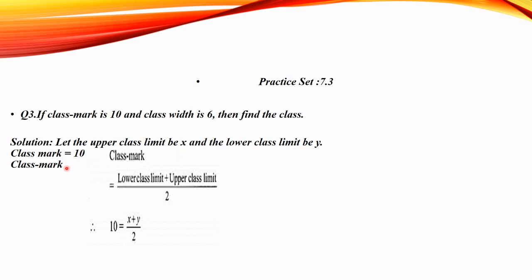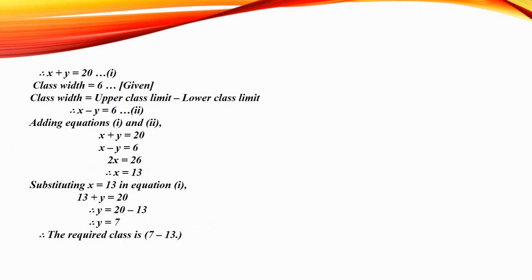The formula for class mark is (lower class limit plus upper class limit) upon 2. That is, 10 equals (x plus y) upon 2. So x plus y is equal to 10 into 2, that is 20, which is equation number 1.